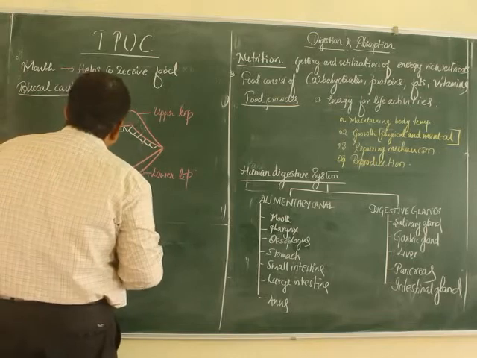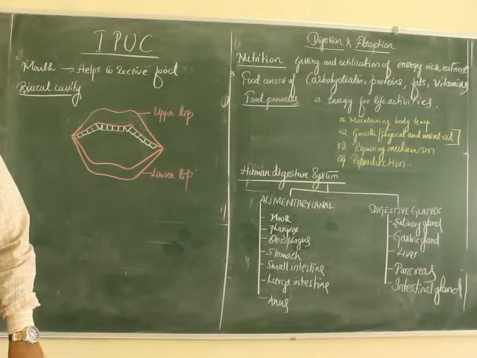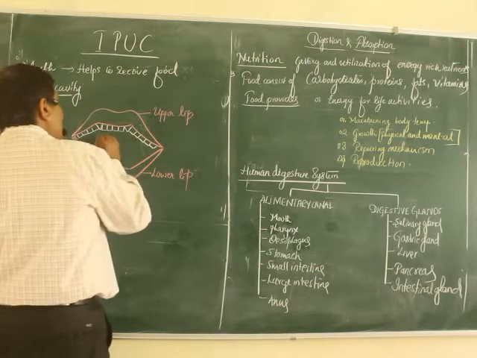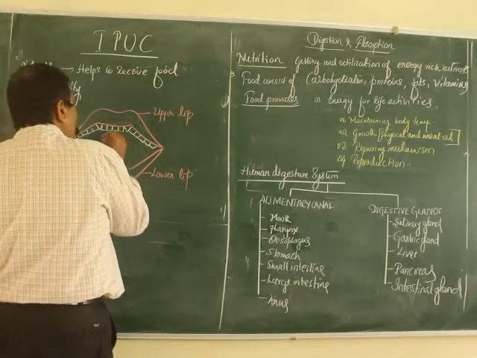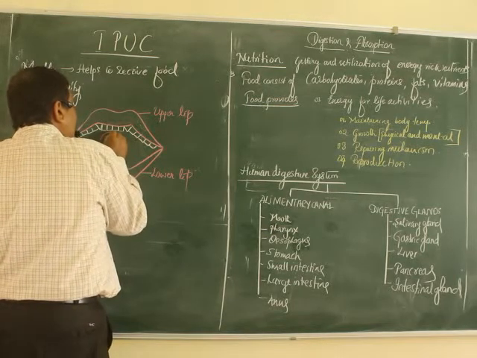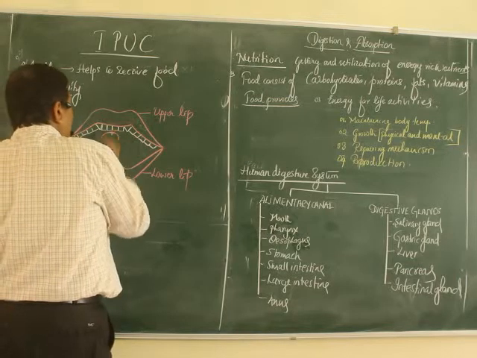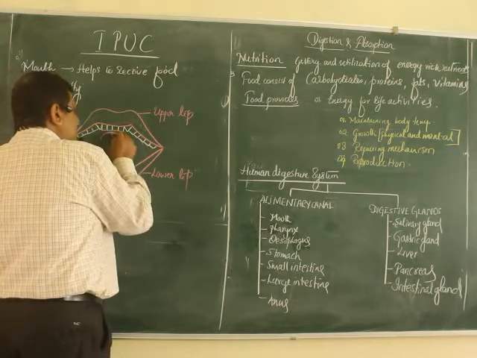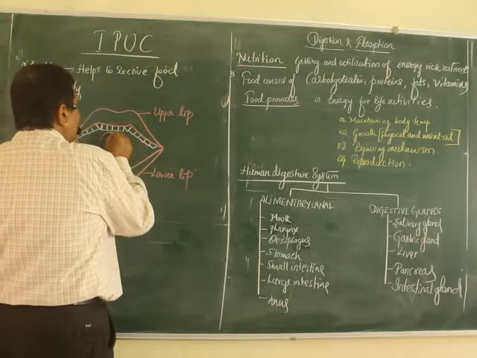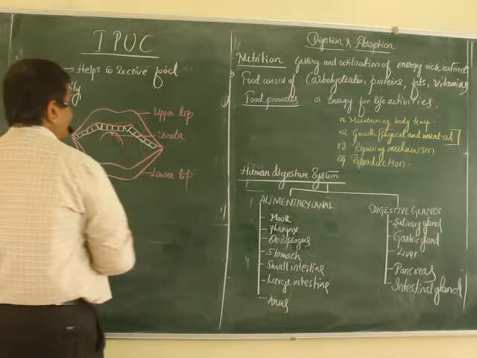At the back side there is extended skin which is hanging like this. That is called uvula.